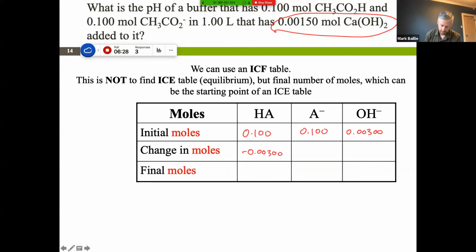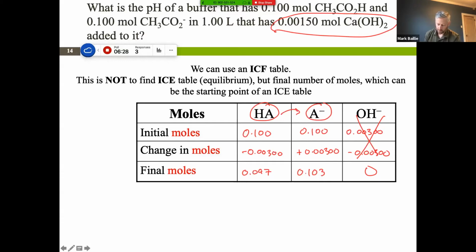And then when these are consumed, the weak acid, the acetic acid, makes the conjugate base. So I'm converting some of the weak acid into its conjugate base, and I'm going to use up all of my strong base. That means that in the end, this is all gone. We used up some of our weak acid, and we converted that to our conjugate base.